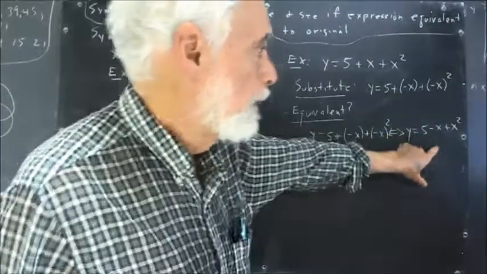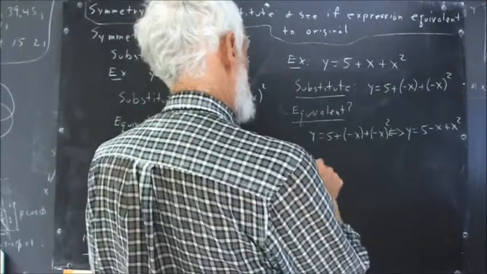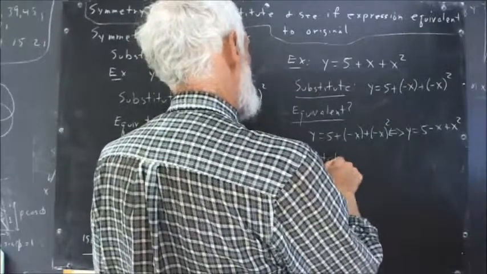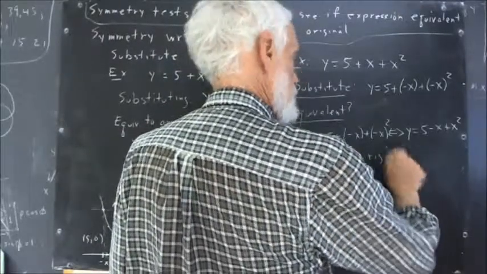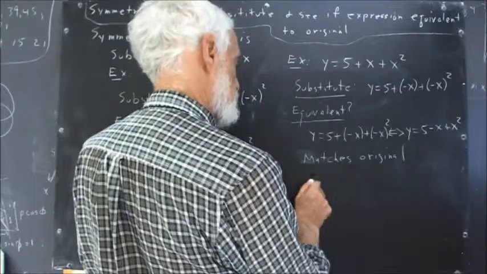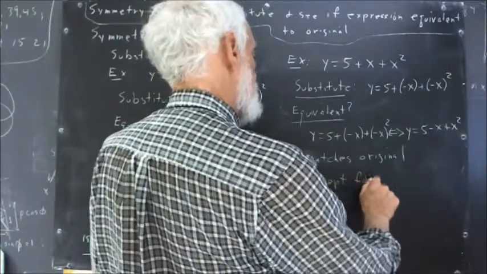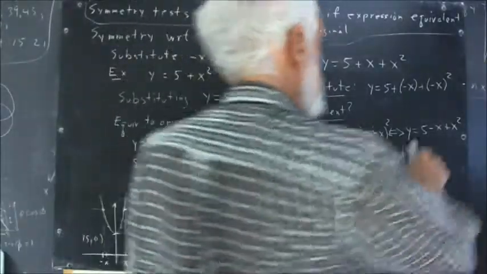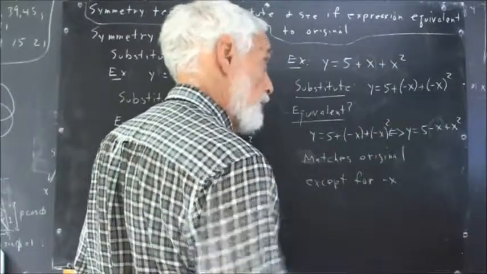Does this match up with the original? I can say it matches the original, except for the negative x. So the negative x here is different than what we have up here where it's a positive x.